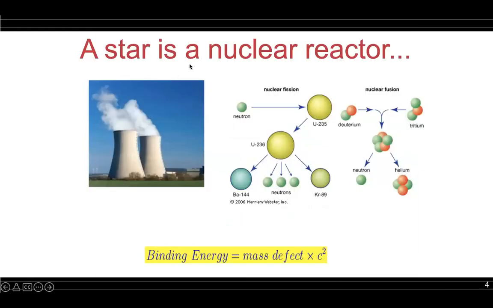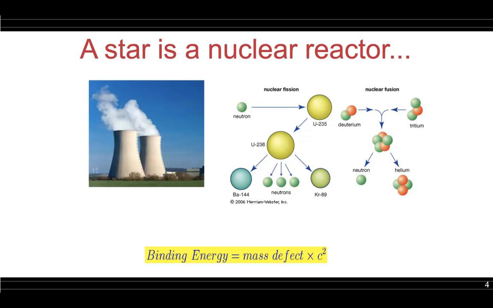So what is a star? Basically, it's a nuclear reactor. As the cloud is collapsing under its self-gravity, the pressure and the temperature at the center rise tremendously, and when the mass is large enough, hydrogen atoms get fused to form helium.